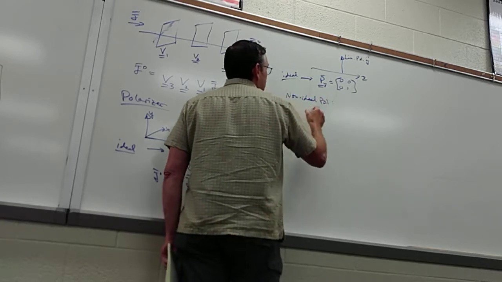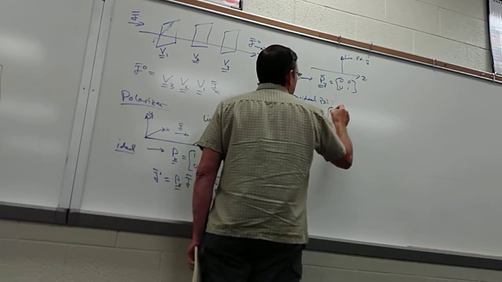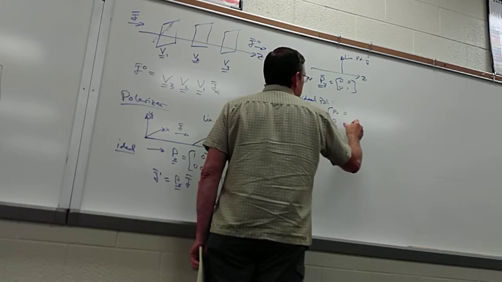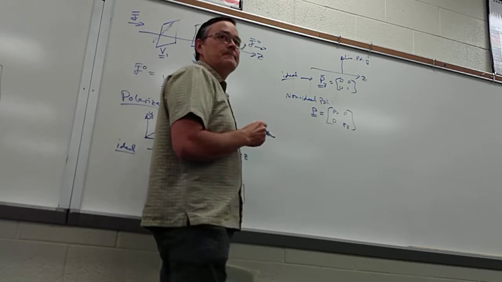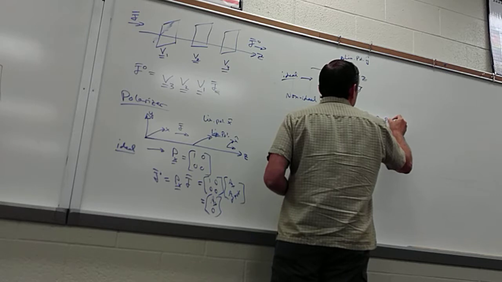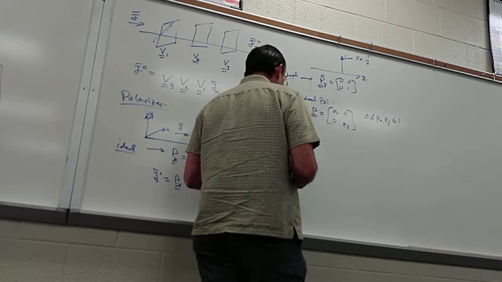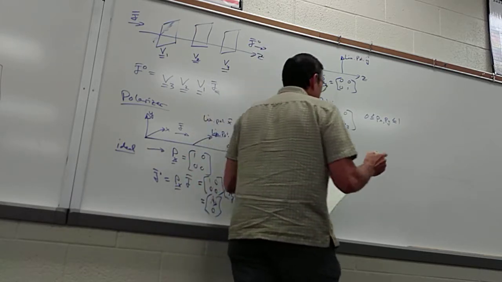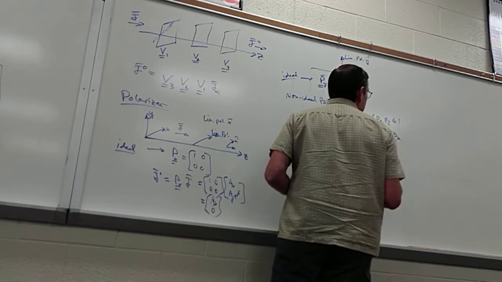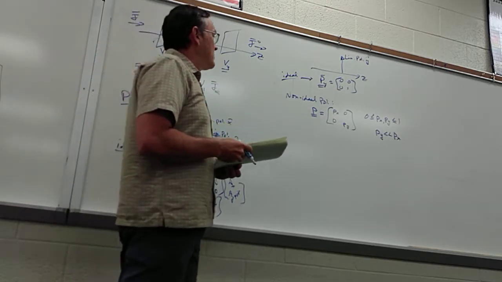Well, for a non-ideal polarizer, we'd have a Jones matrix of, I don't know, [Px, 0; 0, Py], say. And we put on the condition that Px and Py have to be in the range of 0 to 1. Typically, Py will be much less than Px. So what does that mean?